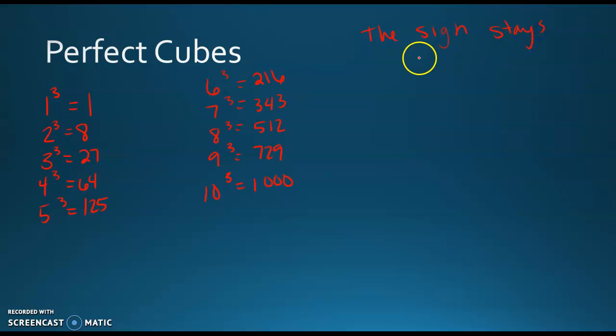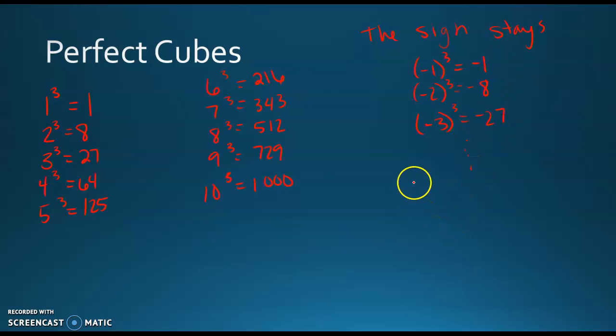So -1 cubed would equal -1. -2 cubed equals -8. -3 cubed equals -27. And the list just keeps going.